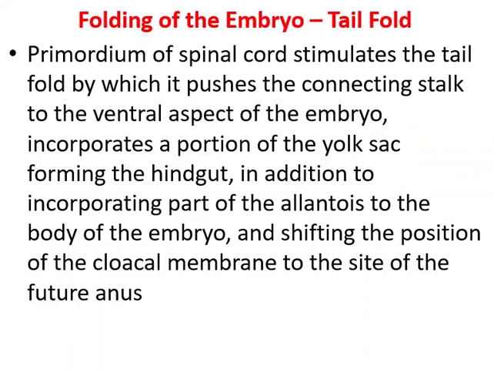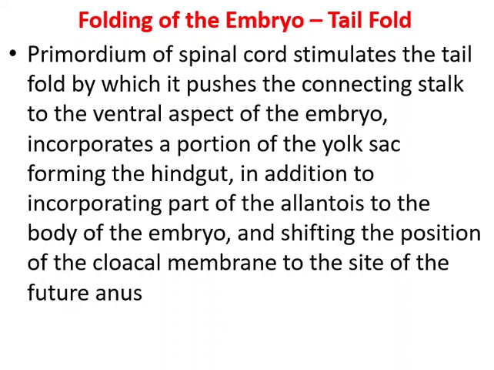Regarding the tail fold, the primordium of the spinal cord stimulates the tail fold, by which it puts the connecting stalk to the ventral aspect of the embryo, incorporating a portion of the yolk sac forming the hindgut. In addition, part of the allantois is incorporated into the body of the embryo, shifting the position of the cloacal membrane to the side of the future anus.